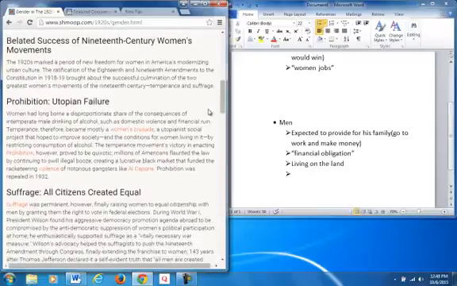I like how this one is set up with bold titles. The bold titles tell you, okay, this is what it's going to be talking about in this section, so it makes it even easier to just read what's important to you. You don't have to spend all that time reading information that you might not even need.